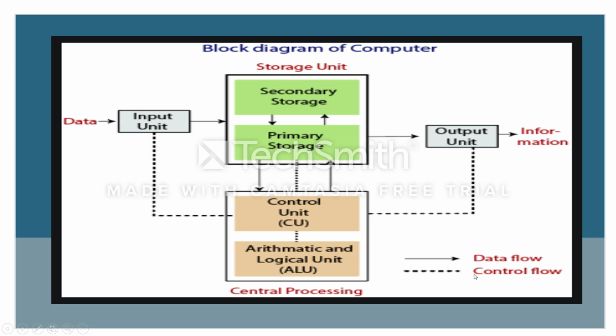Here the dashed line shows the control flow, and the solid line shows the data flow. You can see over here. So the dashed lines are the flow of control, and the solid lines are the data flow, children.